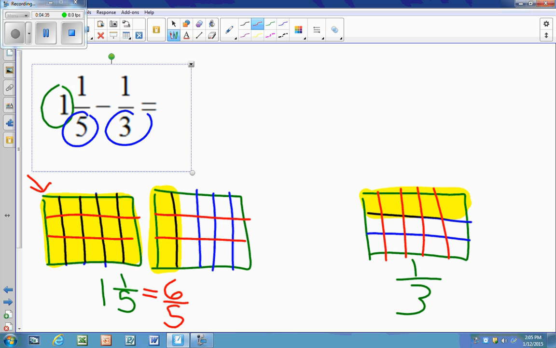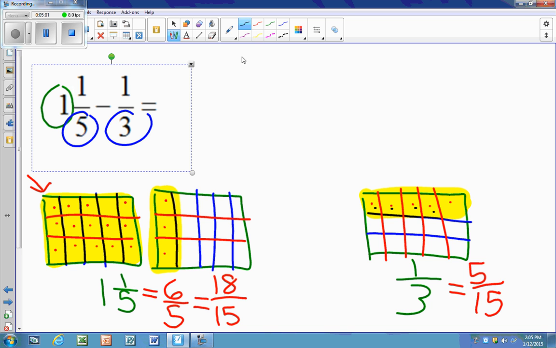And now I'm working out of 15ths, we noticed. And I'm working out of 15ths over here as well. So I have 1, 2, 3, 4, 5, 6, 7, 8, 9, 10, 11, 12, 13, 14, 15, 16, 17, 18 15ths. And over here I have 1, 2, 3, 4, 5 15ths. So those 5 shaded 15ths, 1, 2, 3, 4, 5, I have to X out in this part of my picture.